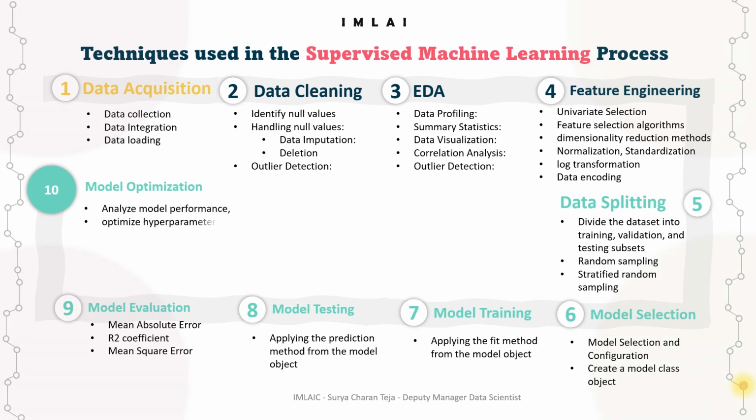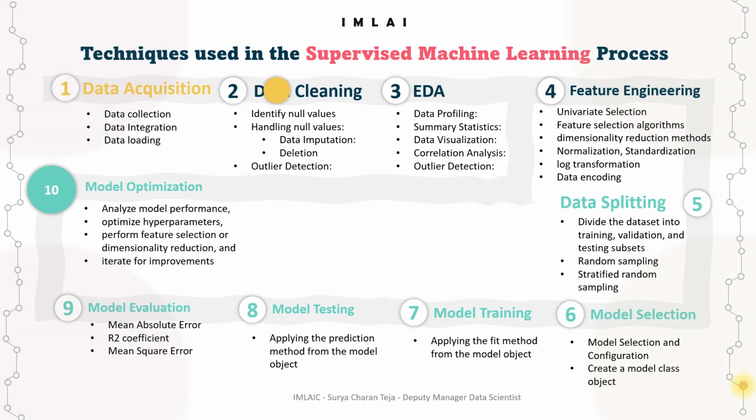So analyze model performance, optimize hyperparameters, and then you re-perform the feature selection. Here you come back to this step. You have to perform feature selection or dimensionality reduction, or iterate for improvement. That's where the iteration starts.